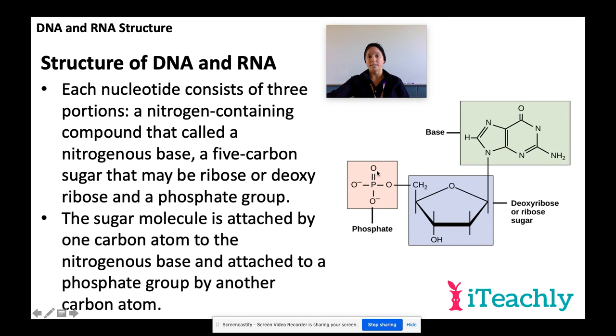So again, this is the same phosphate group. We can have either deoxyribose or ribose for a sugar. And then for DNA, there's one of four bases: adenine, guanine, cytosine, and thymine, or in RNA, adenine, guanine, cytosine, or uracil. Uracil is different from the DNA molecule.